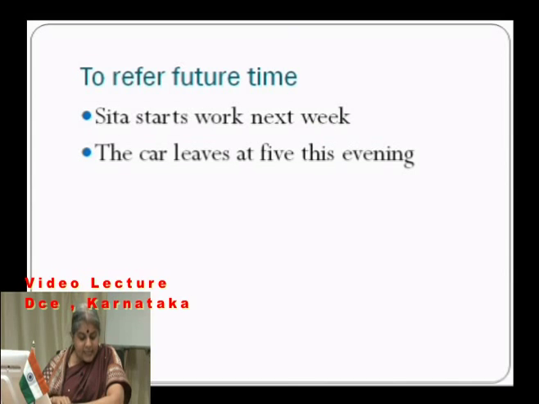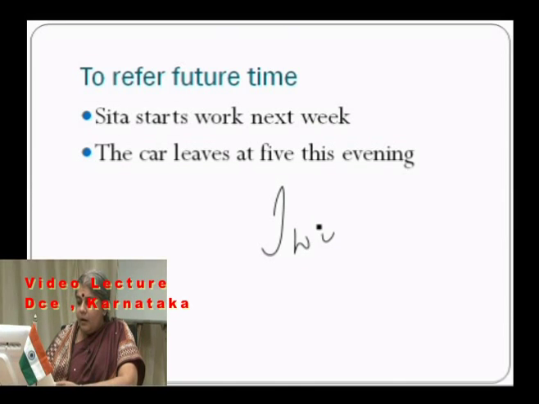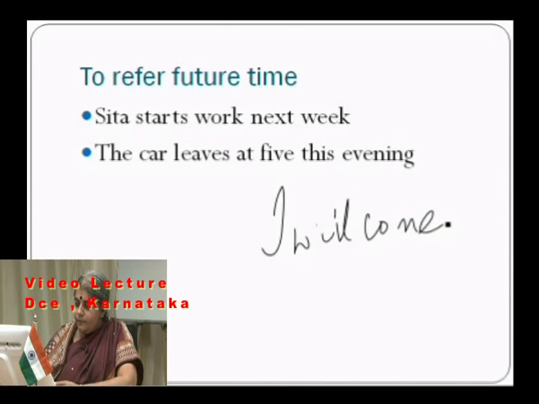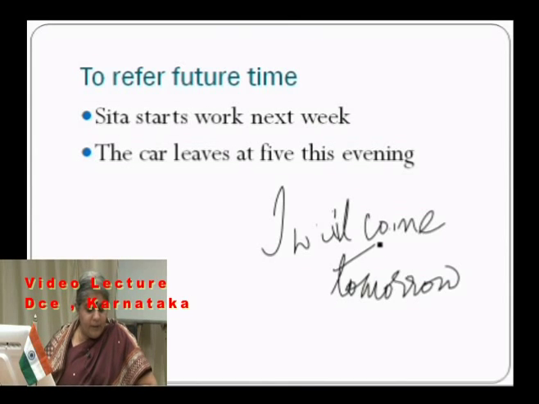To give you an example, if I write a sentence, I will come tomorrow.